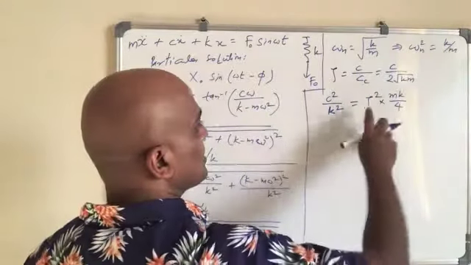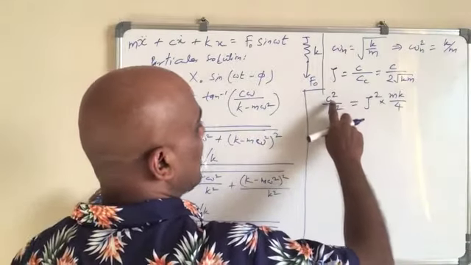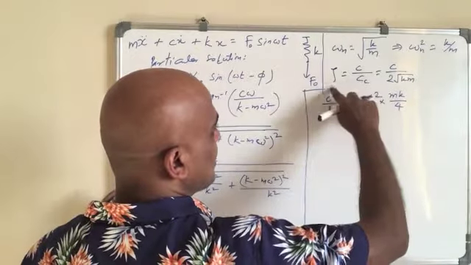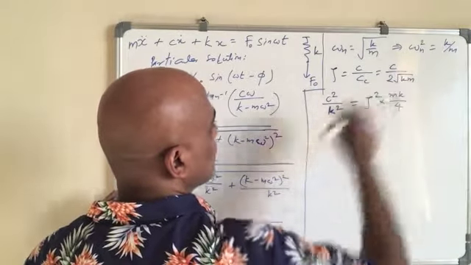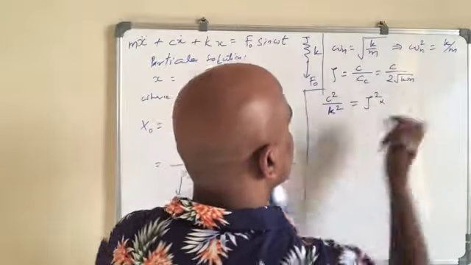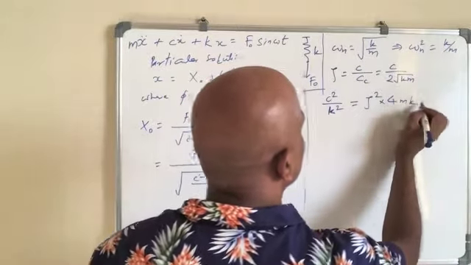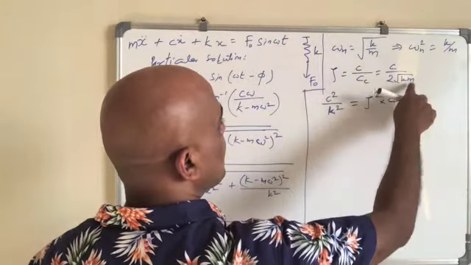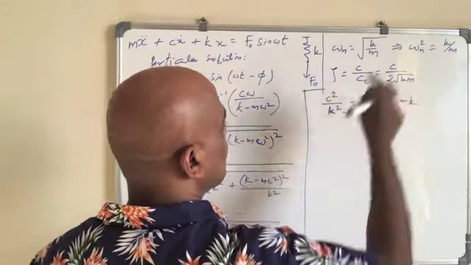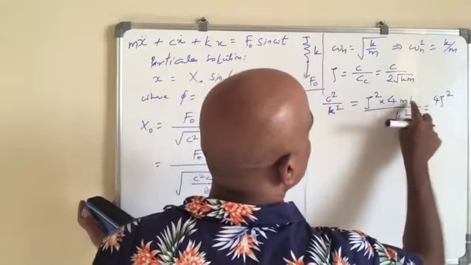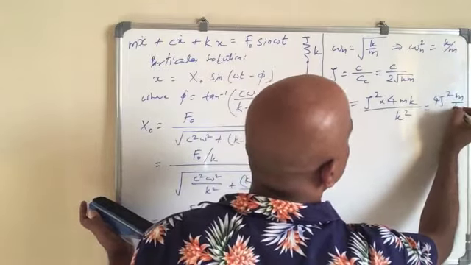In order to get c square, zeta square is multiplied by 4 km, so c square becomes equal to zeta square multiplied by 4 km, divided by k square. So what do we get? Equal to 4 zeta square times m over k.